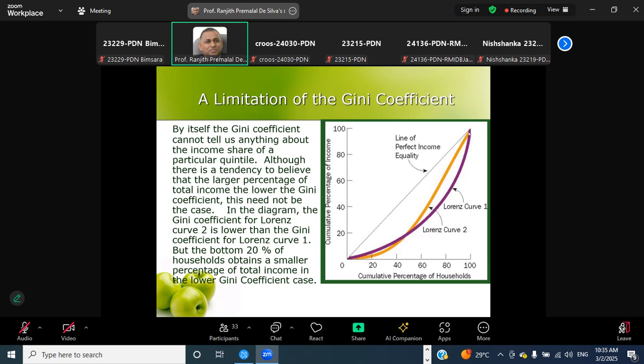So if you look at it, in the lower 20%, you get a difference. That means you can have a different Lorentz curve or different Gini coefficient, but it does not describe how it distributes.